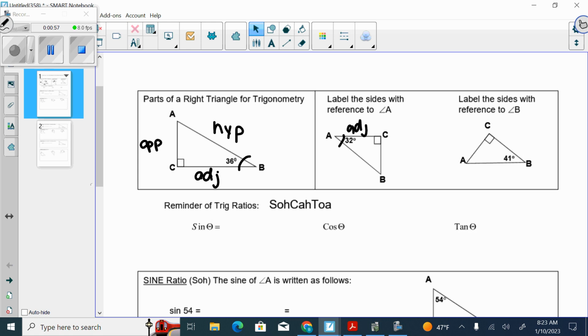And what's my hypotenuse? Good. Which means CB must be our opposite side, right? Okay. On this last drawing here, which side is the opposite? Good. And adjacent? Good. Which means AB must be our hypotenuse, right?